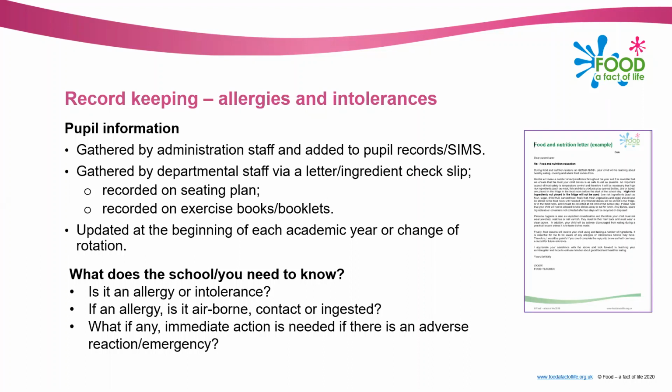And then also recorded on exercise books and booklets. So you've got lots of opportunity to keep being reminded, and for others to be reminded that there is a child with an allergy. And then it's important to make sure that these are updated at the beginning of the academic year, or change of rotation, or change of activity.